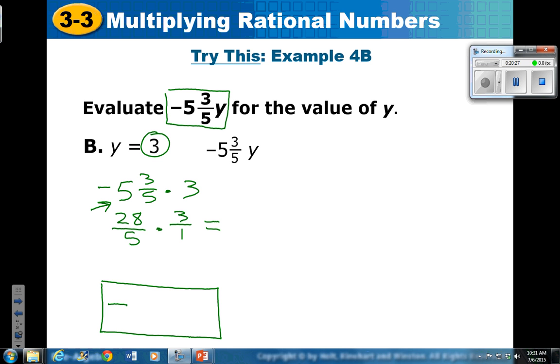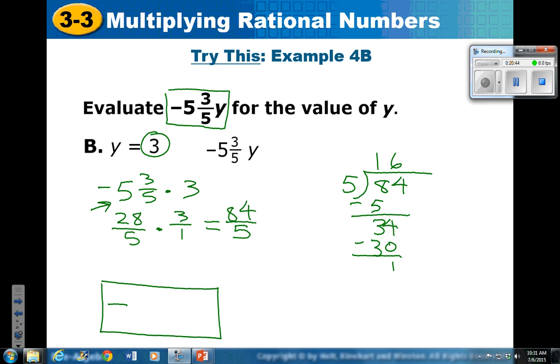That's going to give us 84 over 5. We got to figure out how many 5s, since it's improper. How many 5s are in 84? So we got 16 and 4/5. 4 goes there, 5 goes there. 16 and 4/5, which cannot be simplified, and we remember to make that negative because we had negative times positive.